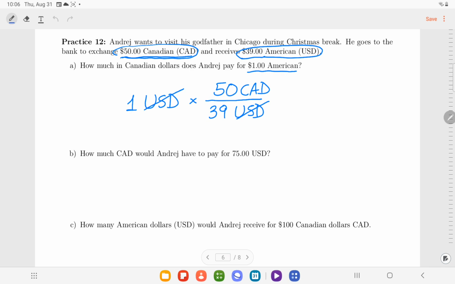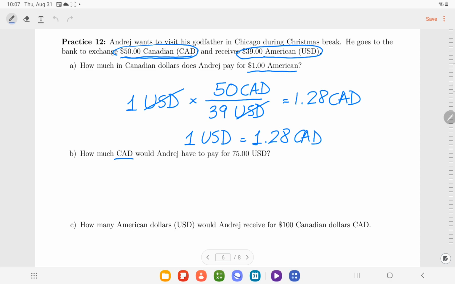So 1 times 50 divided by 39 is 1.28 Canadian dollars.